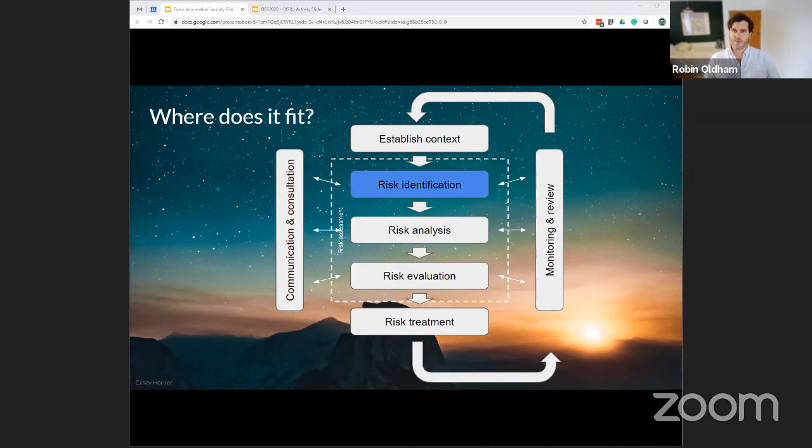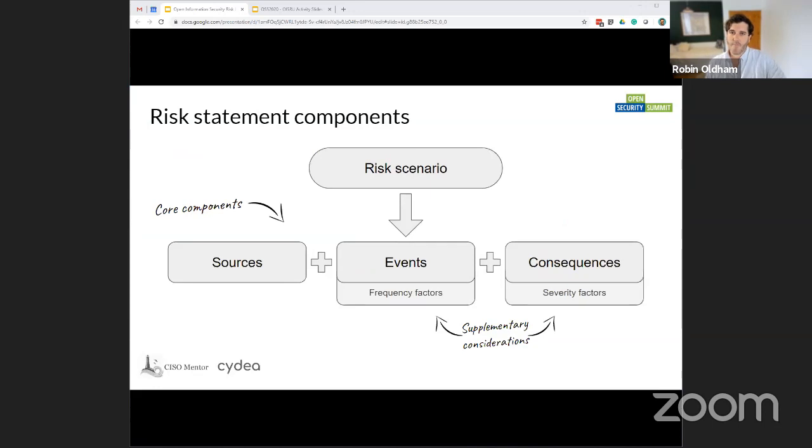So the OISRU gives you a structured approach to risk identification and a way to keep yourself grounded and oriented as you're going through identifying different scenarios. At its core, it's these sorts of components.